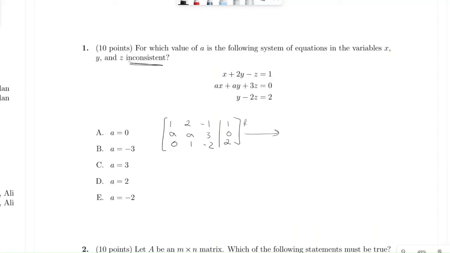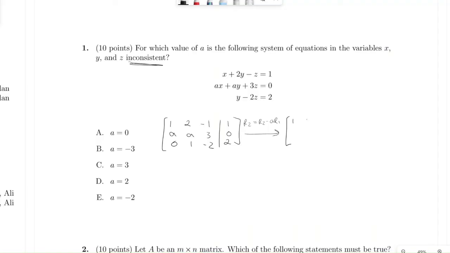And I just like to write out the row operation I'm performing just so it's easy to keep track of. So the first thing we can do is R2, row 2, subtract A times row 1 from row 2.